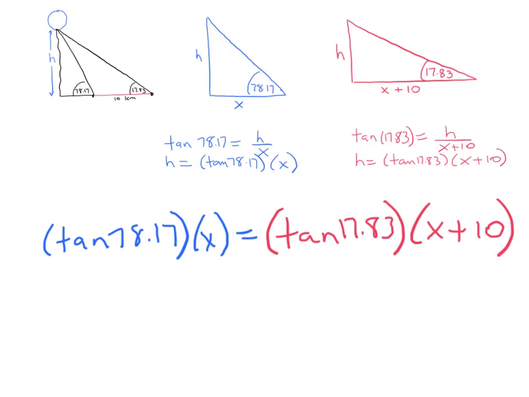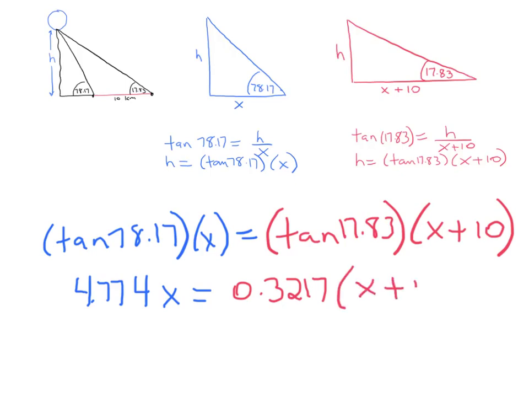Now, entering the values of the angles into your calculator, you'll obtain for tan of 78.17, 4.774 times x equals, and tan of 17.83 is equal to 0.3217 times x plus 10.